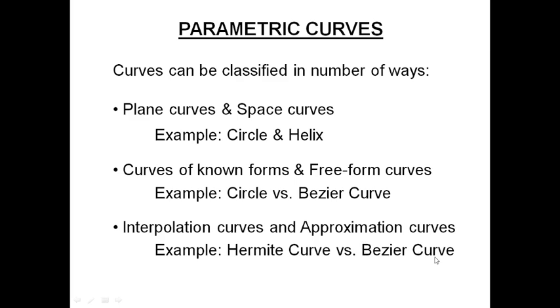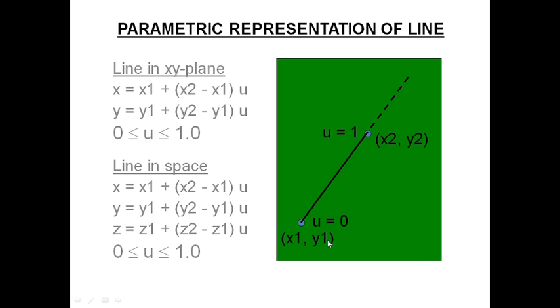And the Bezier curve is another type of free-form curve which approximates the control points. It doesn't go through all the control points, but fairly approximates the given control points. So we'll be discussing in detail about these different kinds of curves in our lectures.